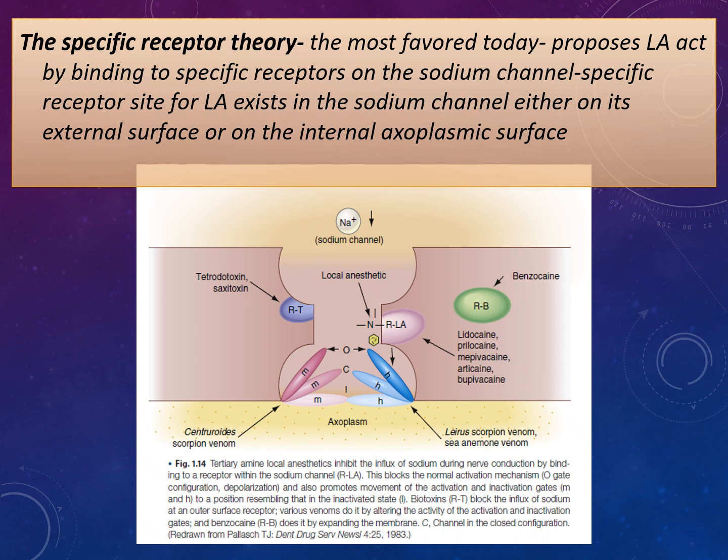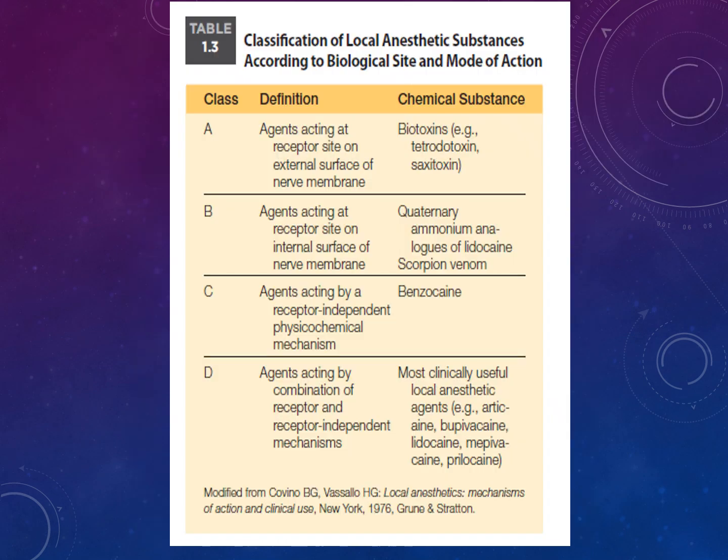Based on this, the local anesthetics are classified on the biological sites. That is, the LA molecules that act on the receptor site on the external surface. Second is that which attacks on the inner surface, independent action. And the fourth classification is that it is receptor mediated and independent, both actions are present. This is the classification based on the biological site and mode of action.